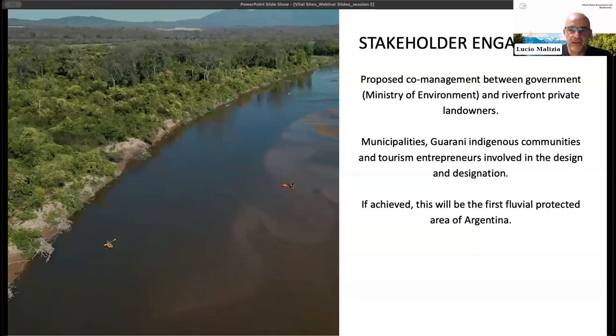Thinking on stakeholder engagement, I think there are a couple of things that I want to highlight. First, this proposed protected area should, and will hopefully, be a co-management situation between the government authorities and private owners with riverfront.